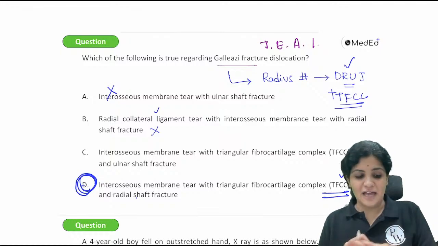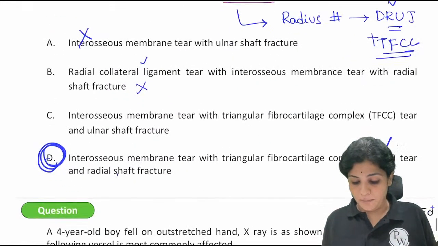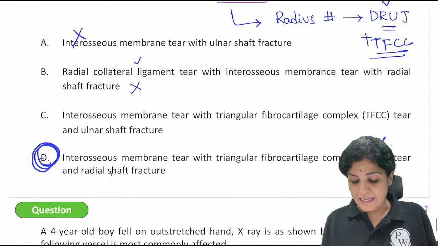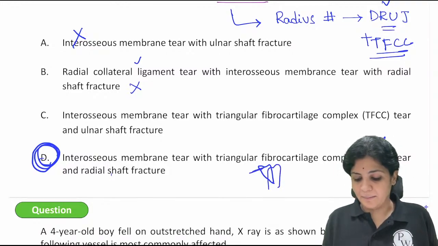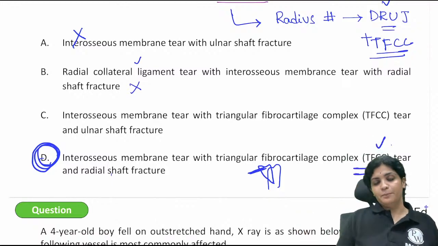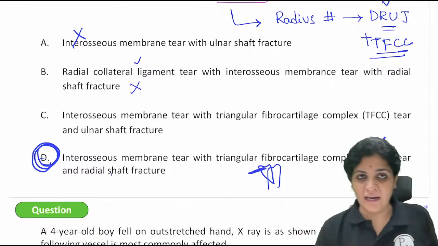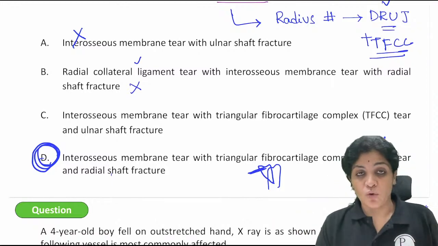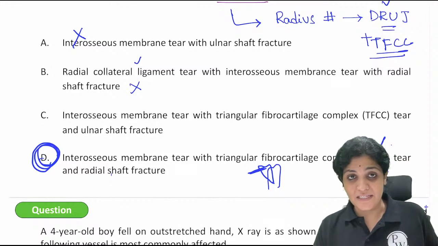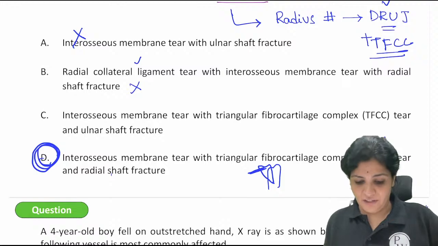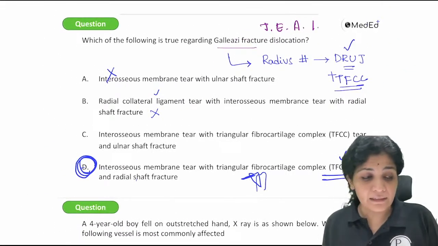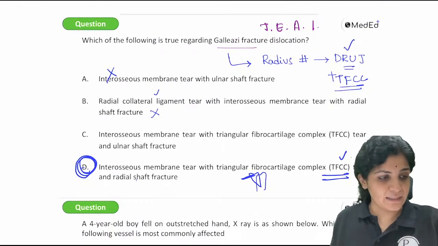So whenever the patient is having an ulnar side problem, if you see in yesterday's x-ray, you can see that the ulnar styloid has come behind. This was the radius and the ulna has come behind. Because of the subluxation of the ulna, the TFCC is involved. So here there is a problem with the TFCC and there is a radial shaft fracture. So that is your Galeazzi fracture. Clear? Any doubts regarding this?